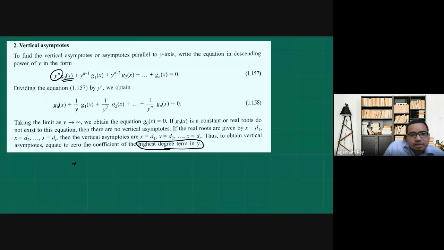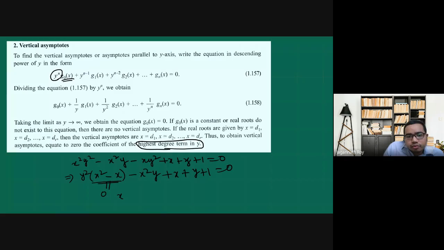For the same example, we take y square times x square minus x, then y times minus x square plus x, plus 1 equals 0. We equate the coefficient of y square to 0.